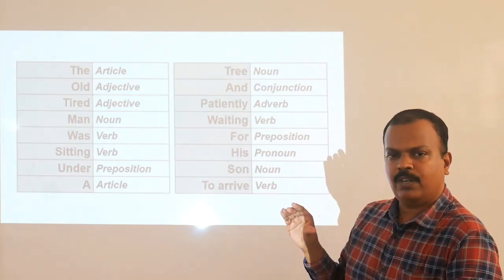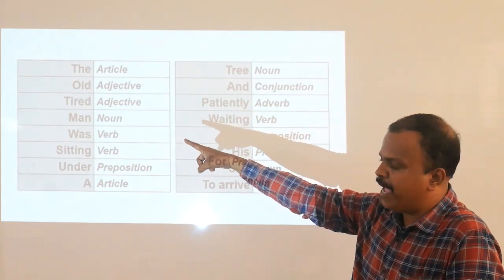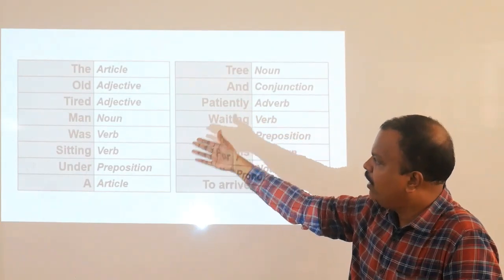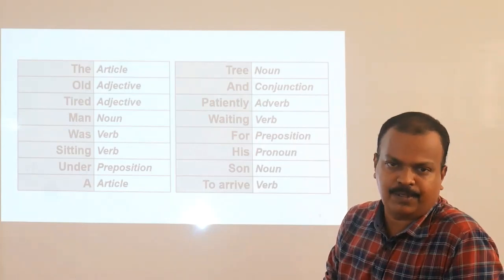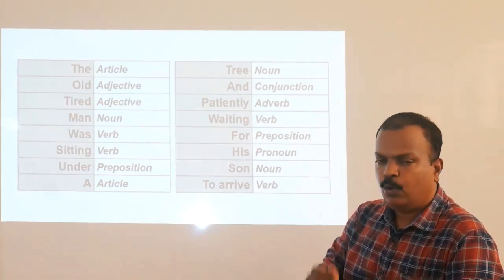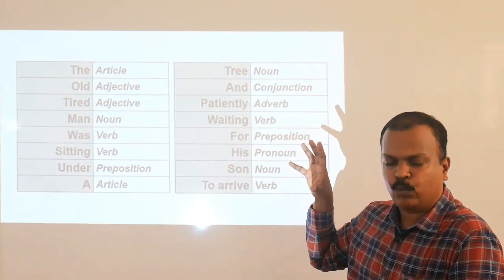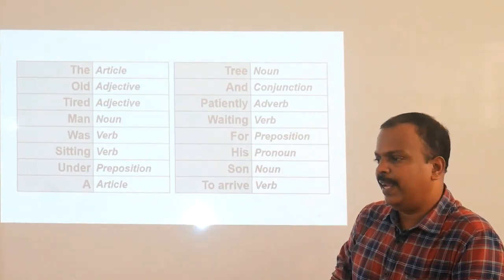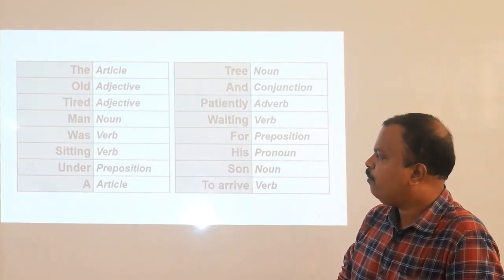All these three words are there because they are associated with man. So if you remove man, the, old and tired, these words have no role to play in that sentence. Yes? So look at that sentence always. So this concept will help you understand the elements in that sentence.